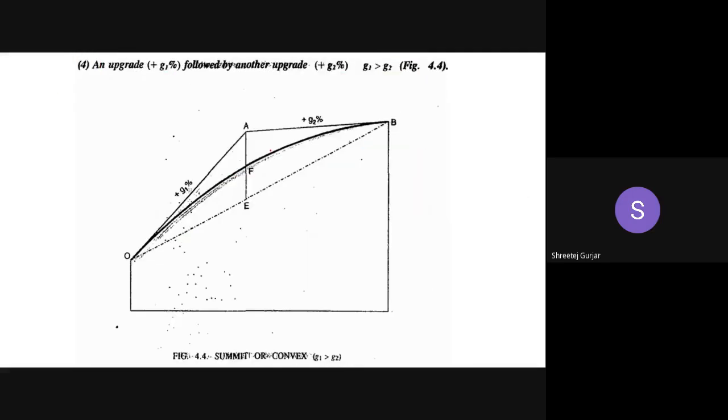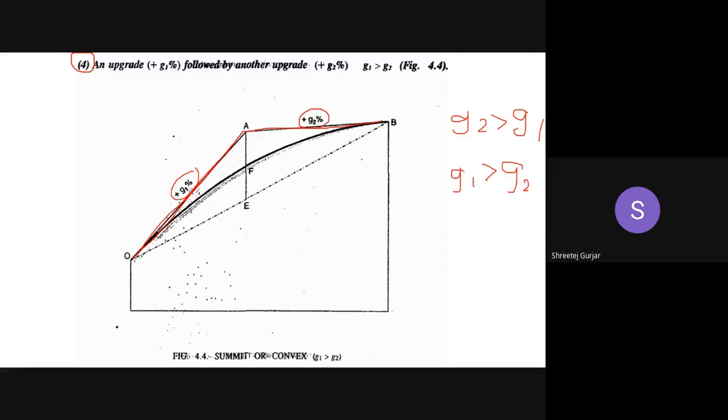Now the fourth one. We have studied G2 greater than G1. Now the second condition will be G1 greater than G2. You can see this first gradient, G1, is very steep, and the second gradient is also upward, but it is not very steep.